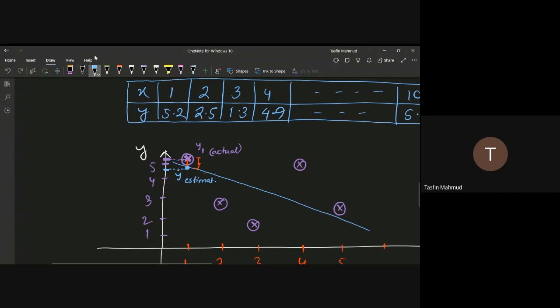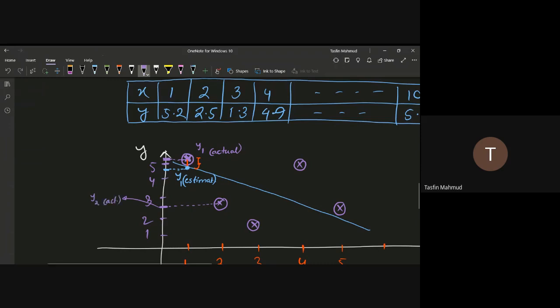And similarly, we can determine the same sort of things for the second data point, for these purple colored data points. So for these purple colored data points, we have been given the actual value. So this is the y2 actual.